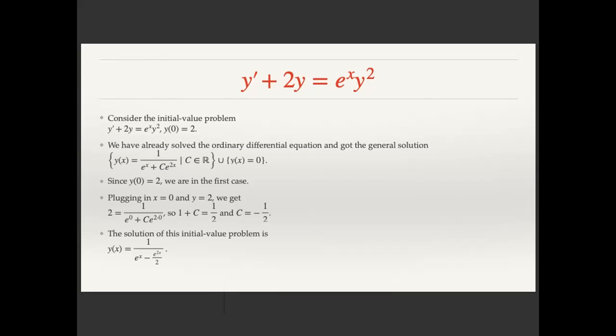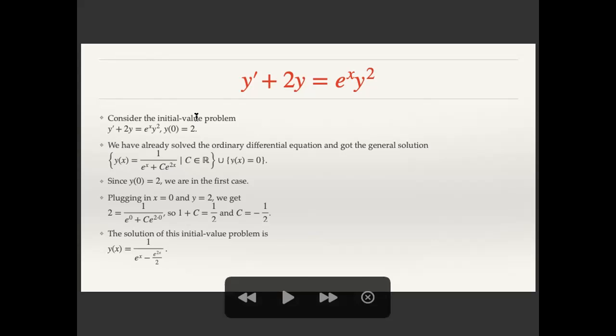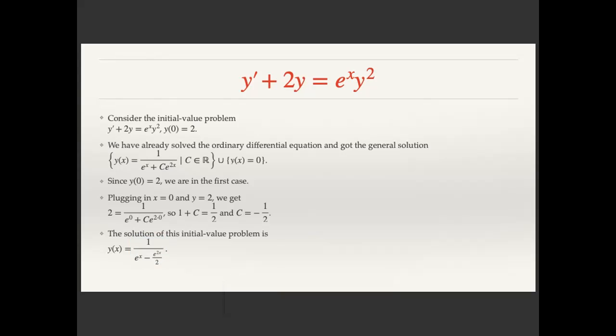And now one more observation here. This solution is not defined on the whole real axis. It's defined only on a half line. So certainly, as you can check by plugging in x is equal to 0 here, this function is well defined at 0. But you cannot extend it to infinity on both sides. So you can certainly extend it to minus infinity.